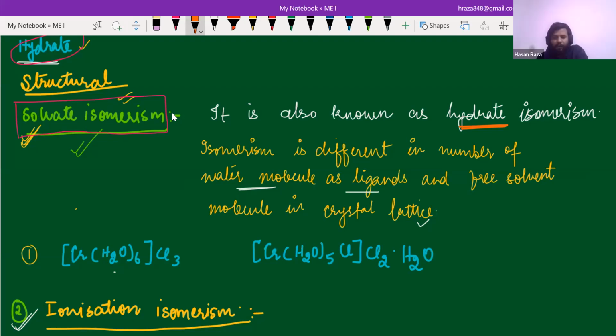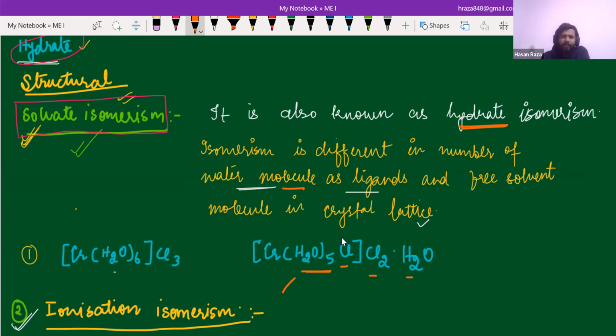So basically, what is this solvent isomerism? It is isomerism that differs in the number of water molecules as ligands and free solvent molecules in the crystal lattice. As you can see, there are 5 H2O as ligands and 1 Cl as a ligand, and Cl2 and H2O as the counter ion.